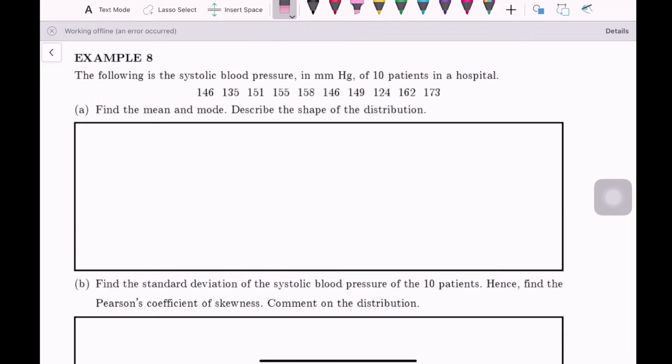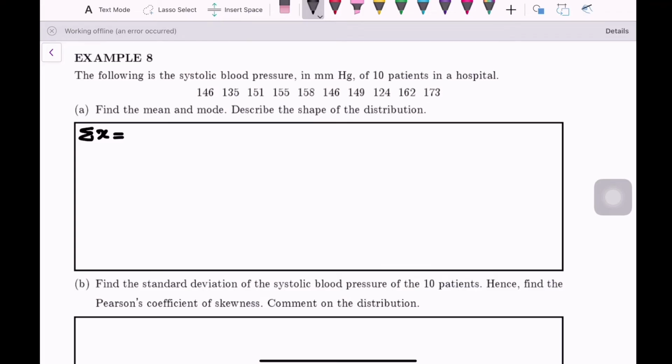Example 8. The following is the systolic blood pressure in millimeter Hg of 10 patients in a hospital. Find the mean and mode. Describe the shape of the distribution. First, we determine the sum of x.